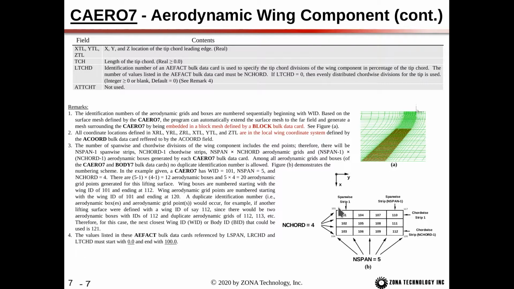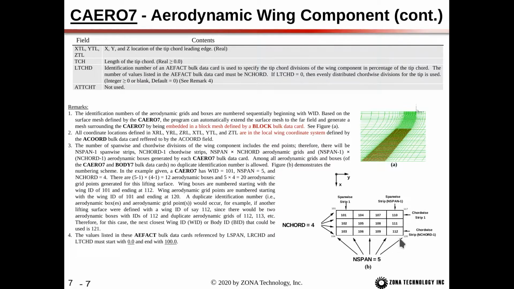If I were to use 100 as my wing ID, then of course my box IDs would be 100, 101, 102. So most often my wing IDs, I'll choose 1001 or 10,001, something like that, and then I'll increase as my next C-Aero7. If my first one's 10,001, my next C-Aero7 would be 20,001. My next C-Aero7 I would use 30,001, and so on.